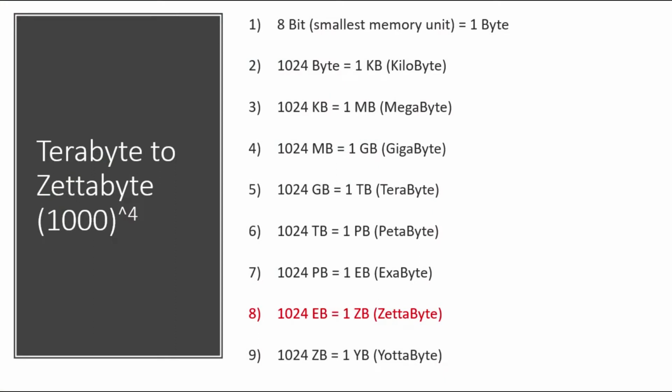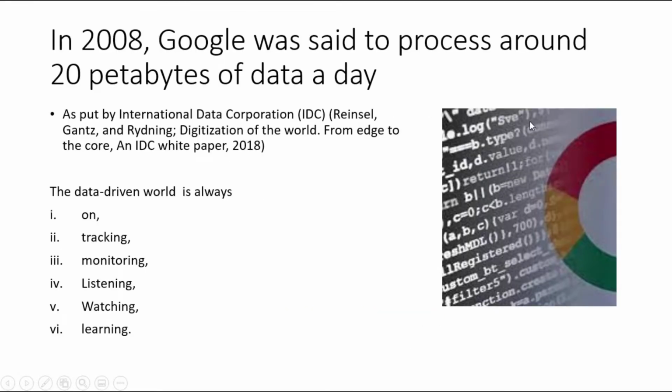Similarly, 1024 kilobytes make 1 megabyte, and then higher is gigabyte, terabyte, petabyte, exabyte, zettabyte, and then yottabyte. At the moment, the world has collected data in the zettabyte area.